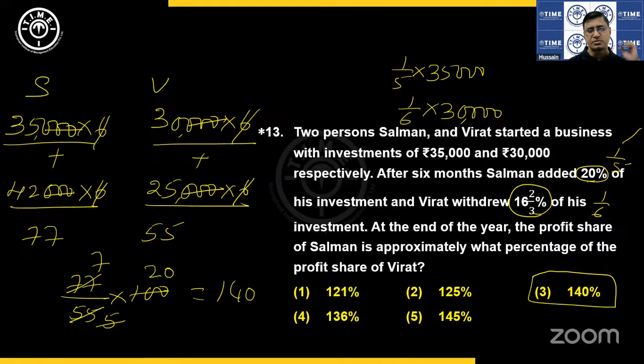That is 7,000. 7,000 plus 35,000 is 42,000 for the second part of the year. Whereas Virat withdrew. How much here? 1/6 of the initial investment. Initial investment 30,000, 1/6 is 5,000. Subtract 5,000 from 30,000, 25,000. We have 4 parts. Simplify. You will get 7:5 as a ratio. That is 7:5. 7 by 5 into 100, 140.